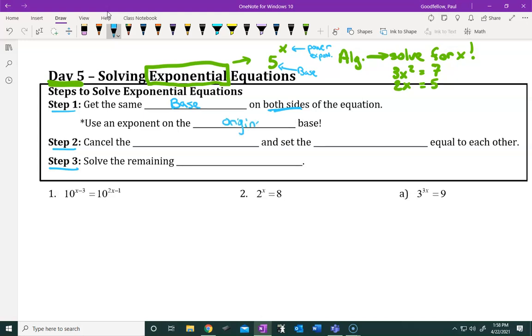For instance, if I had something like 4 to the x power, I could change it into another name for 4, which is 2 to the second power times x. So you're really changing numbers like 4s into numbers like 2s so that they can become matchers.